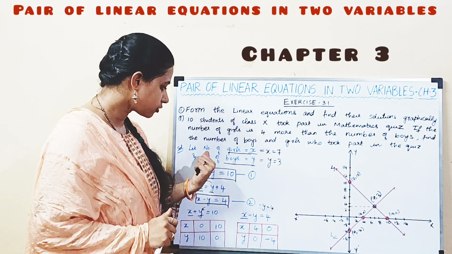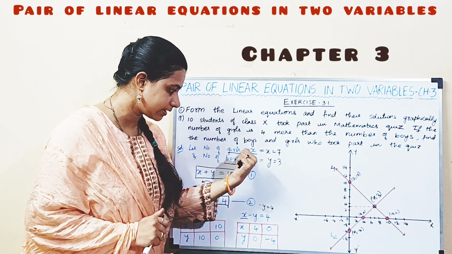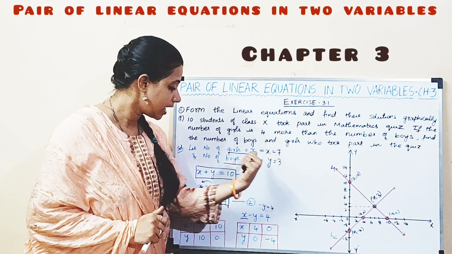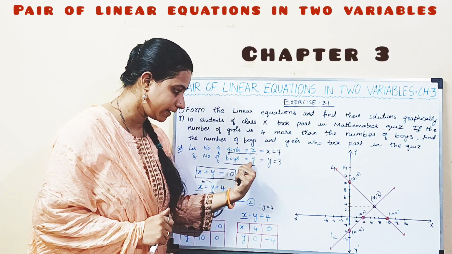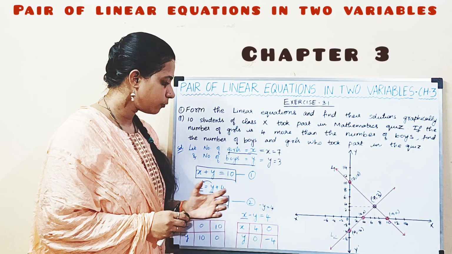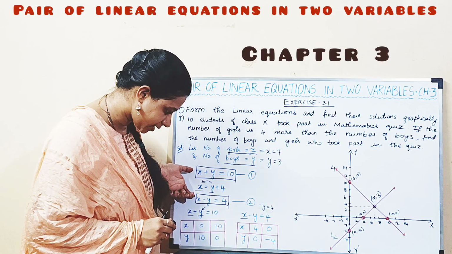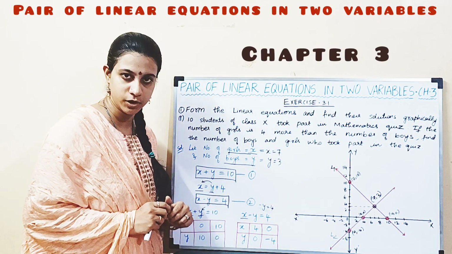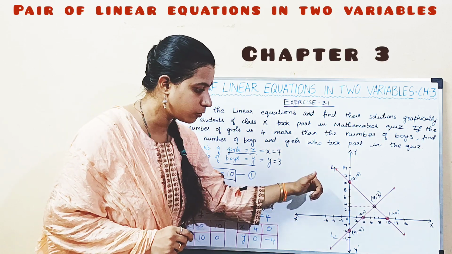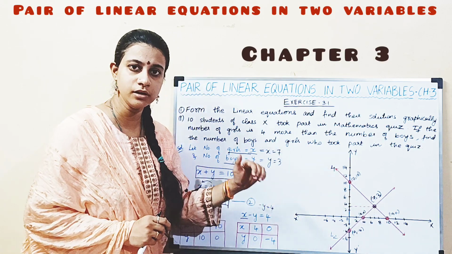So the solution is: number of girls, x, is 7 and number of boys, y, is 3. We formed the pair of linear equations x plus y equal to 10 and x minus y equal to 4, and by plotting these 2 on the graph, we found the solution graphically.